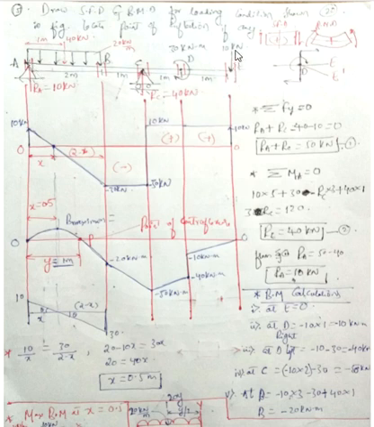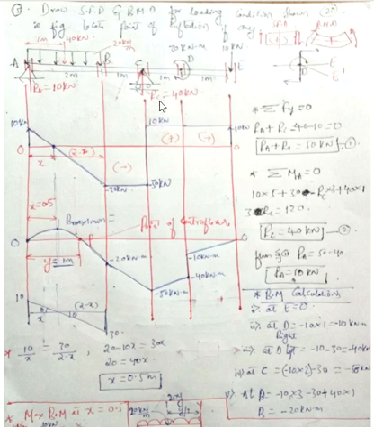So plus 10 into distance, which is 1 plus 1 plus 1, 3, plus 2 is 5, so plus 10 into 5. Then there is a clockwise moment. For calculating reactions, clockwise we take as positive, but for bending moment, clockwise we take as negative. So plus 30, I've written it as plus 30.